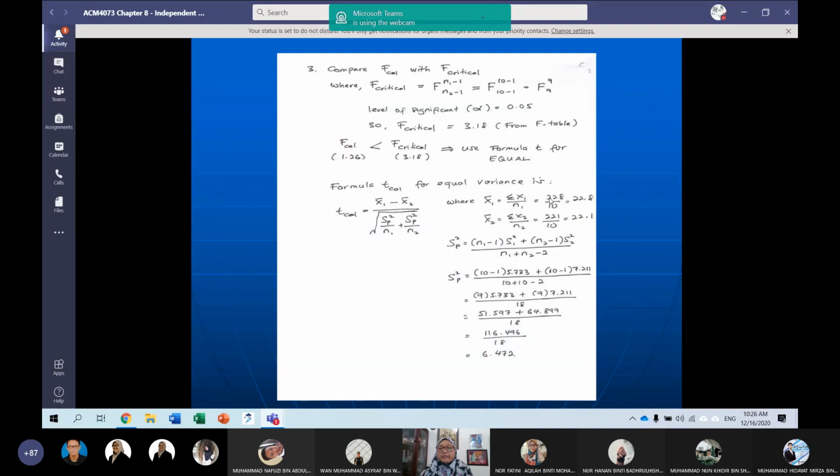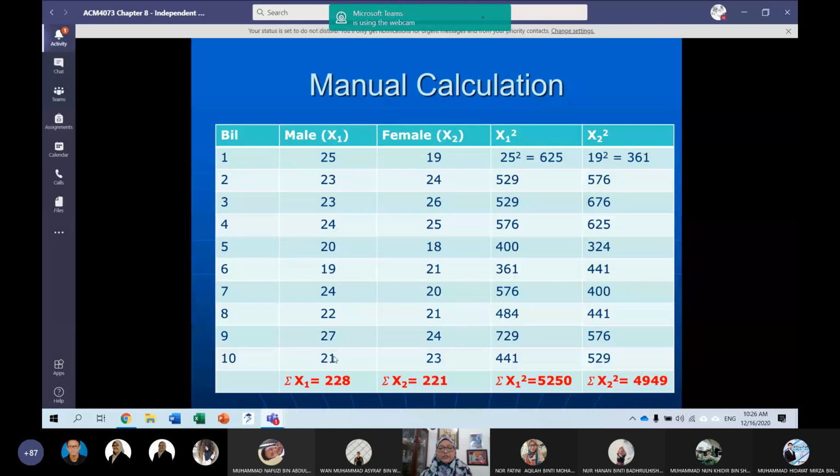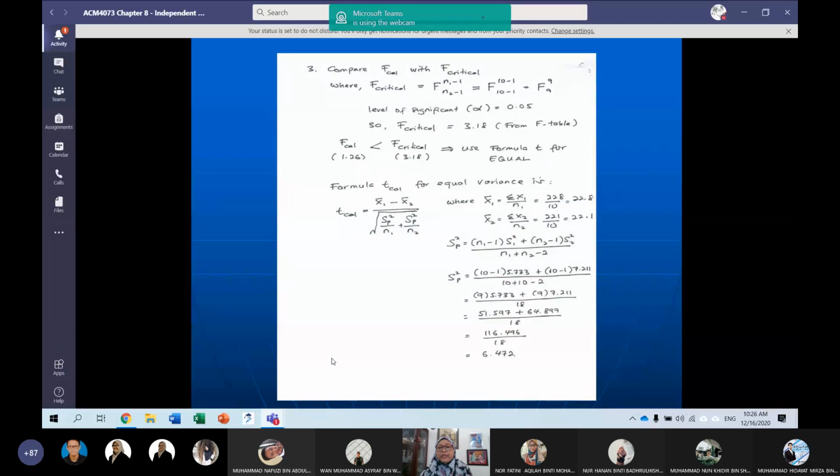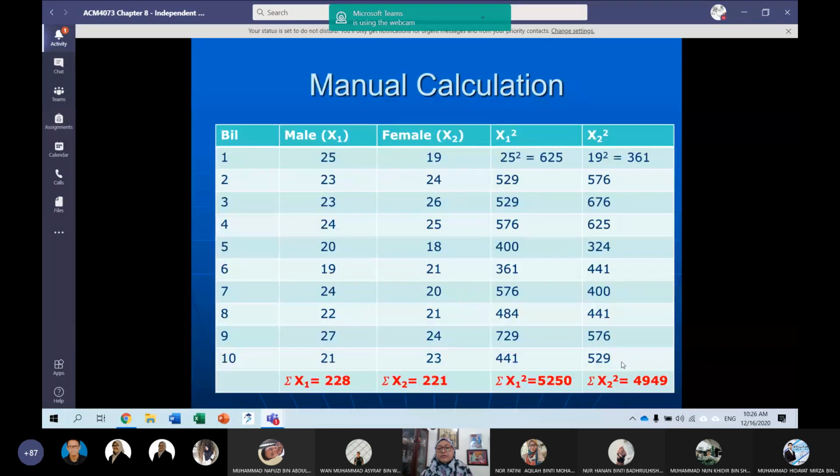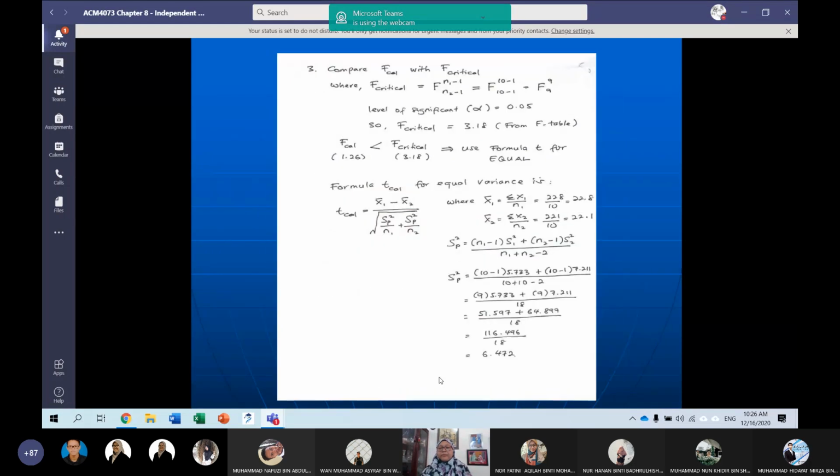Remember the 228 here, the sum of male scores. We have to get the average, so divide by 10. 228 divided by 10 is 22.8. For female, the sum of female scores is 221. Divided by 10 is 22.1.